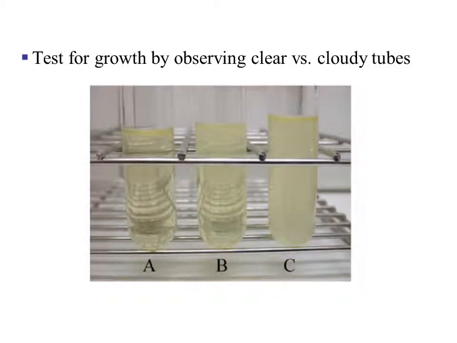Now you will use a spectrophotometer to determine which test tube is clear versus which test tube is cloudy. Another term for cloudy is turbid or turbidity. So out of the different dilutions in this use dilution method, you want to see which dilution killed best.